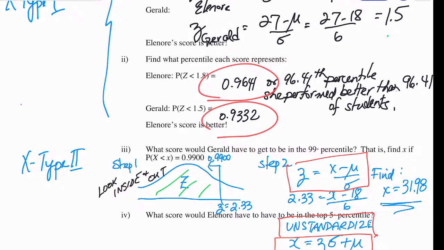So I give you the probability and you give me the result. The result is his score would have to be 31.98 to be in the 99th percentile.